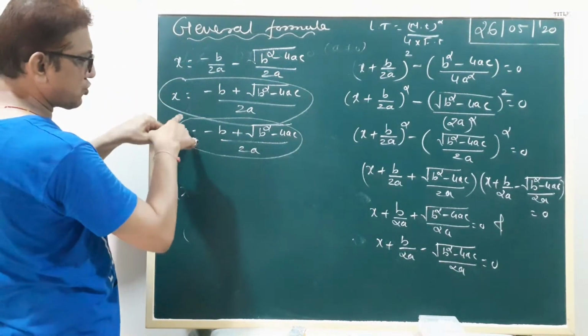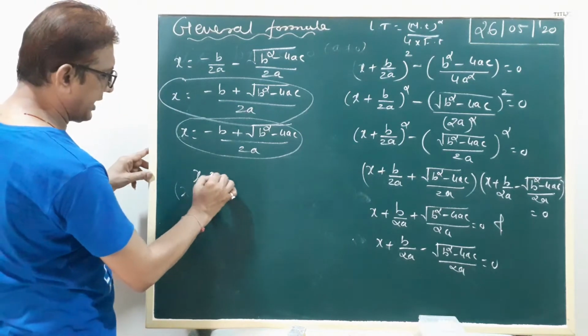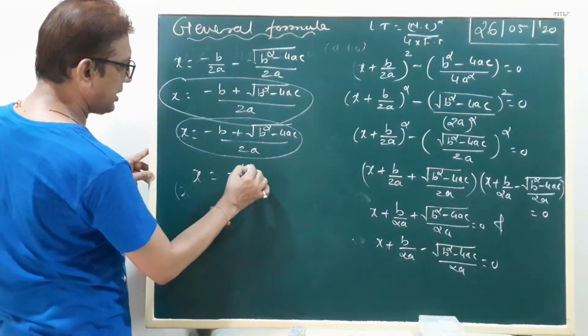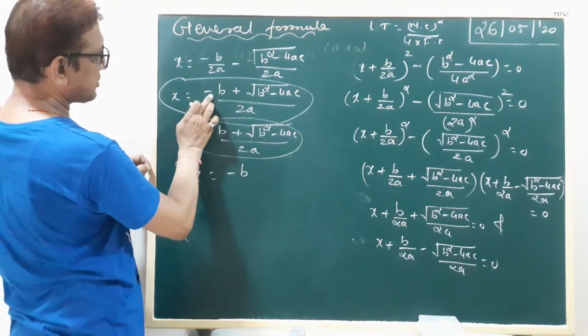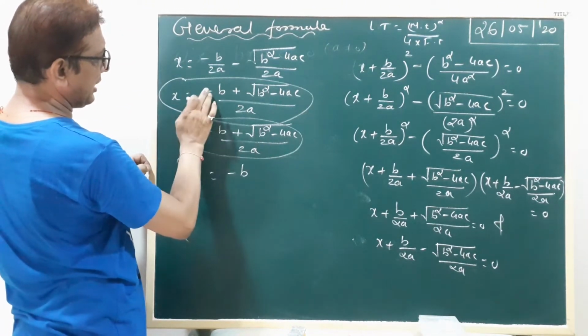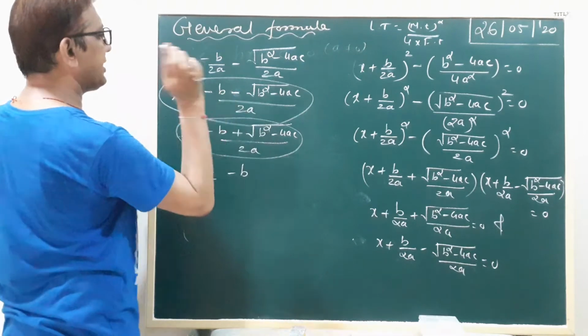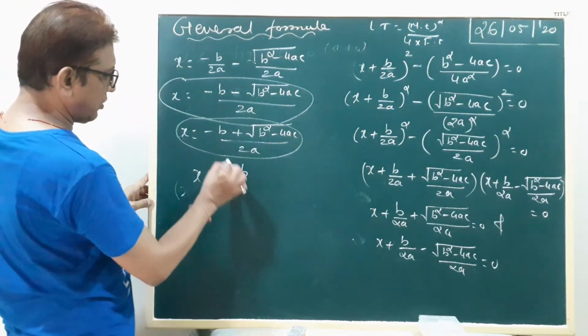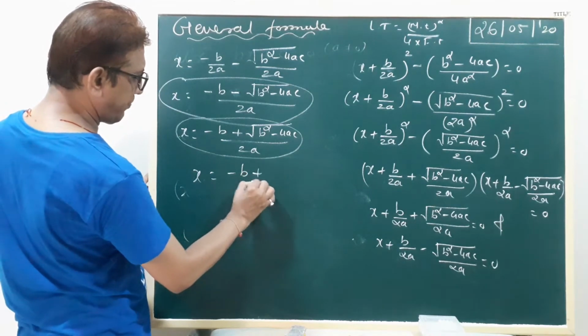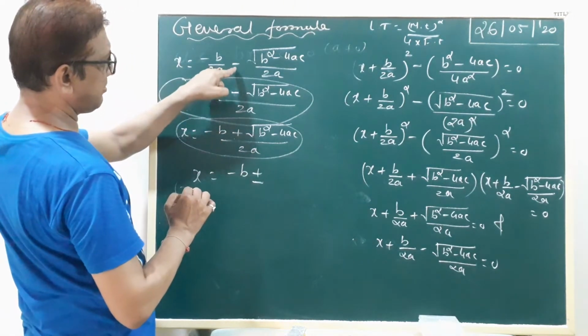This is your second value. Now combine these two values. So we write x equals minus b, and here we write the plus or minus term. So x equals minus b plus minus root.